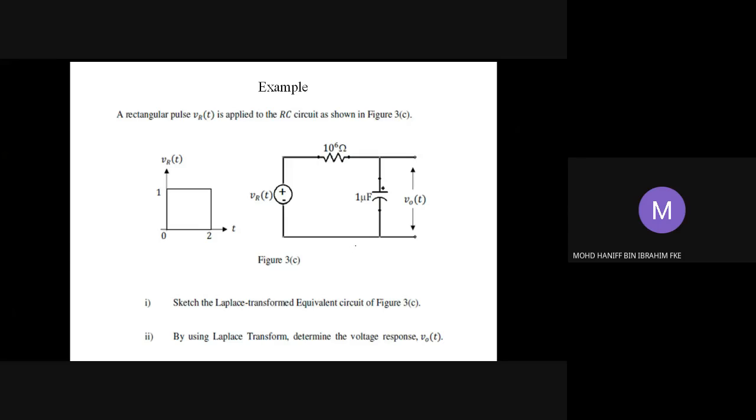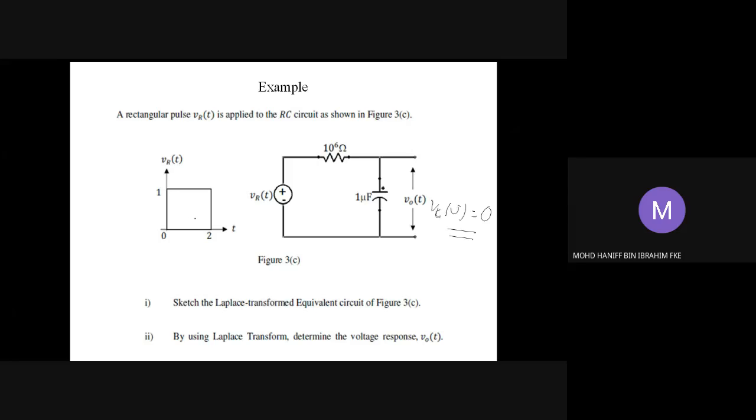So we assume that the initial voltage for the capacitor, V_C(0-), is equal to 0 again. Okay, so that's our assumption. From here we can proceed with the circuit transformation.